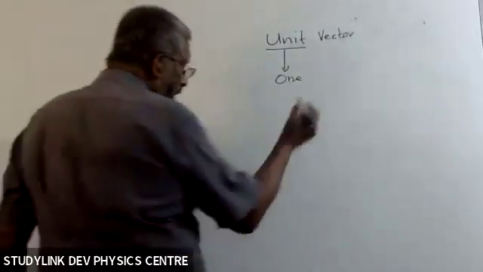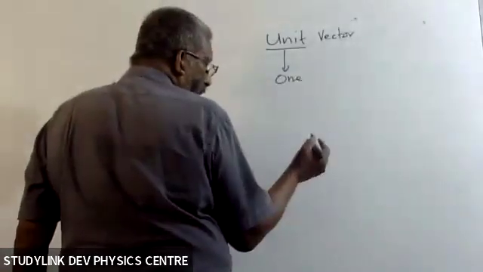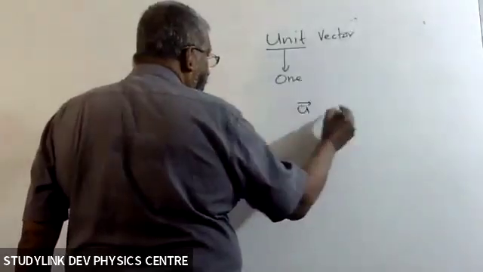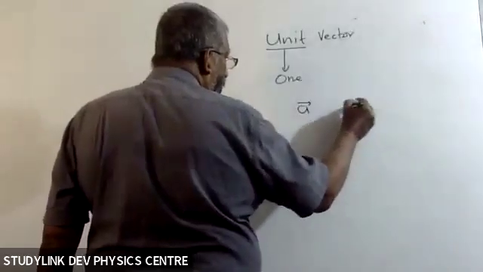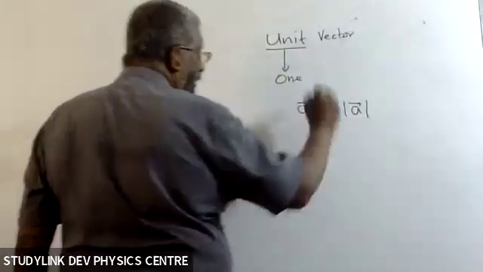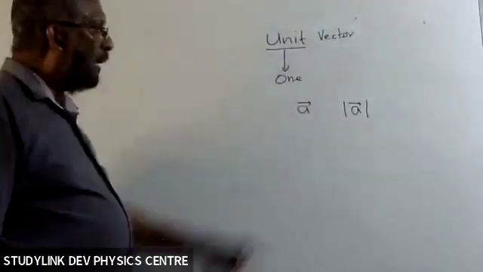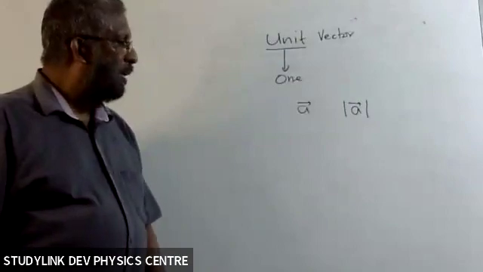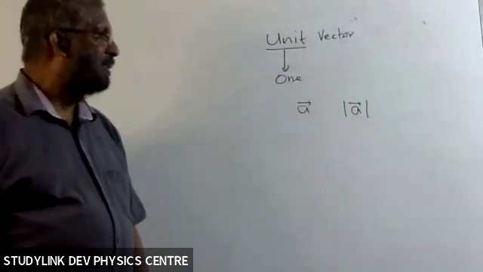The magnitude of a vector is denoted by drawing two parallel lines like that. Then it is called modulus.